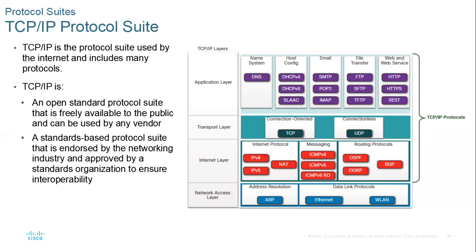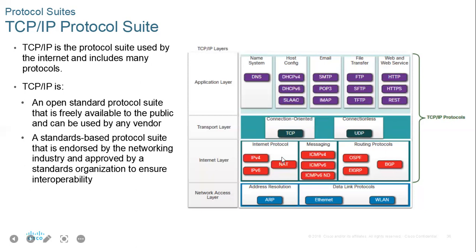For instance, TCP connections, things like HTTP for web access, they need end-to-end connection and confirmation of an acknowledgement of data transmitted. Things like video conferencing, voice over IP, they utilize UDP type of protocol.